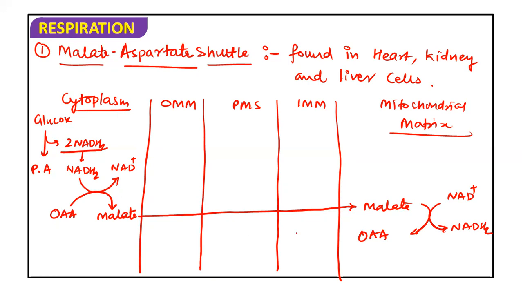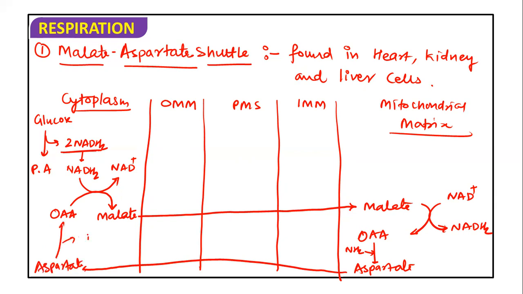Now oxaloacetate is not permeable through this membrane, so it reacts with NH2 and forms aspartate. This aspartate passes through the membrane and comes back to the cytoplasm. There the amino group gets released and oxaloacetate is regenerated. So the energy of cytosolic NADH2, through these reactions, ultimately forms NADH2 inside the mitochondrial matrix.